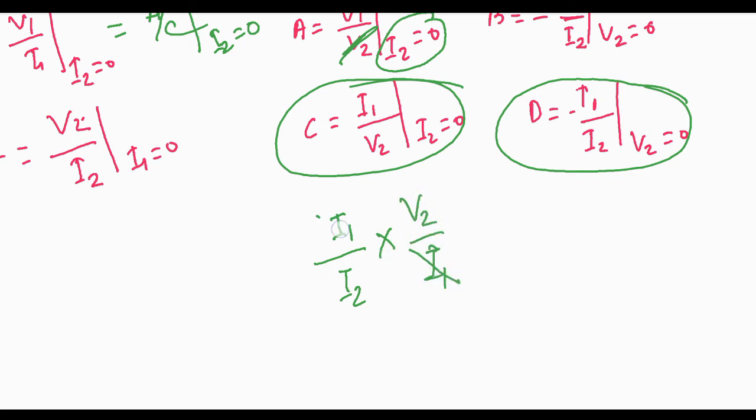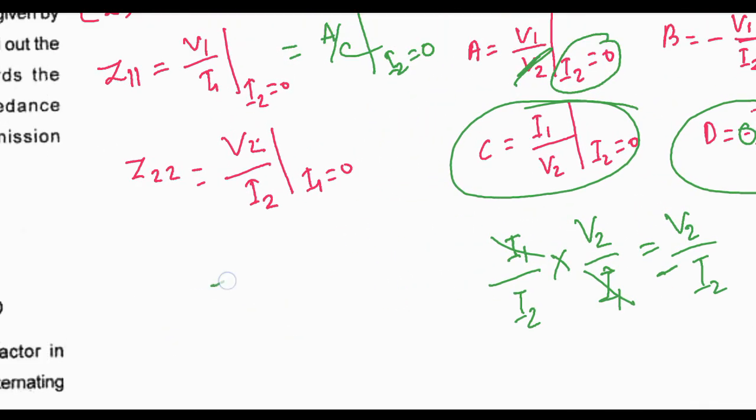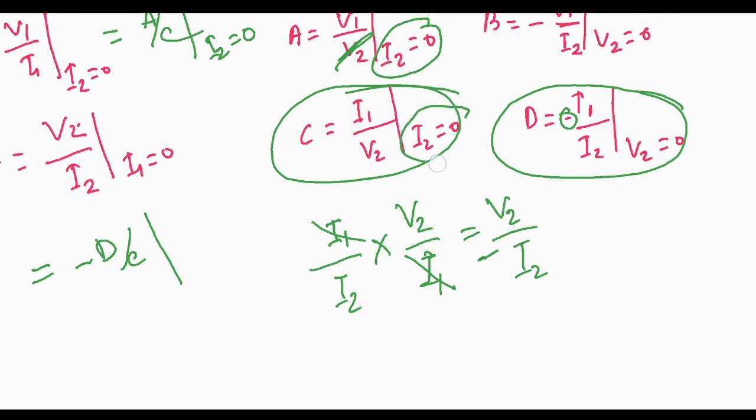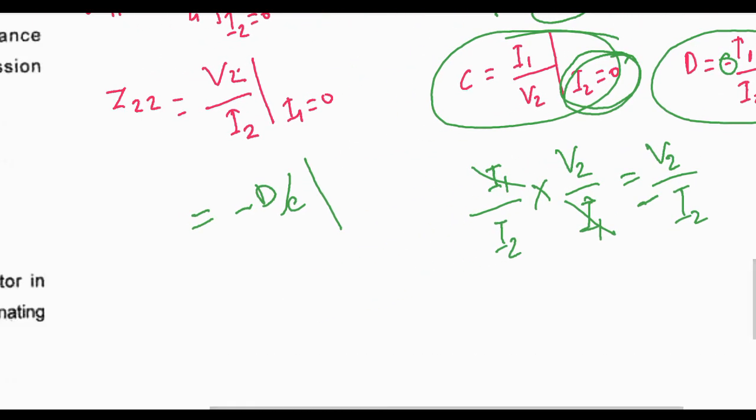So I1 will be cancelled out, and this will be V2 by I2, and there will be a negative sign because here there is a negative sign. So we can represent it as minus D by C, but here the conditions are not the same. I2 is equal to 0 is the condition in one, and here V2 is equal to 0 is the condition. So we will neglect that condition, and this answer is minus D by C.